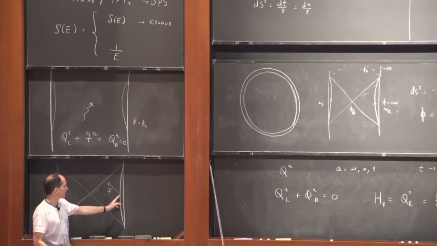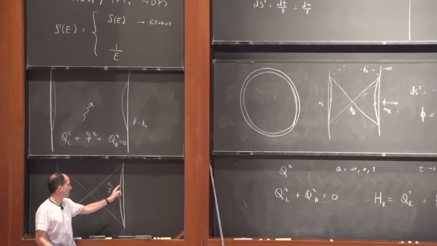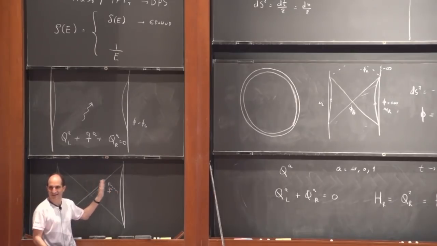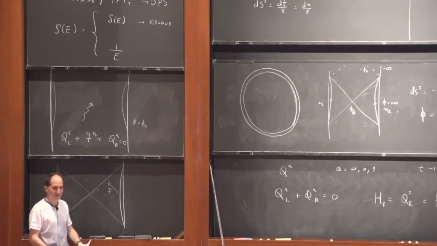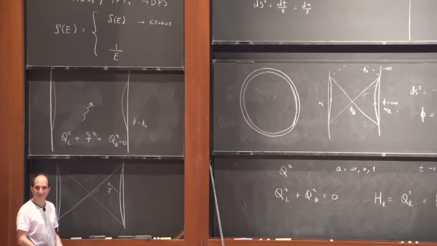And locally here, the charges have to be conserved because we didn't do anything to the left side. Therefore, the momentum of this particle in this direction has to suffer a kick that pushes it outwards. Okay? Is that clear? That should be crystal clear. No? Yes?